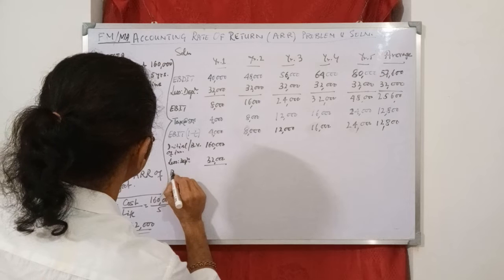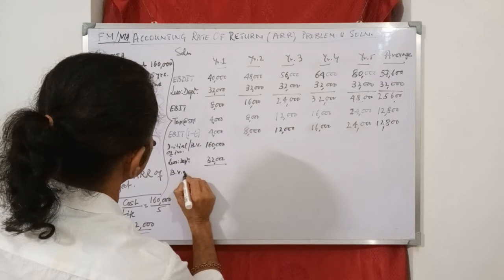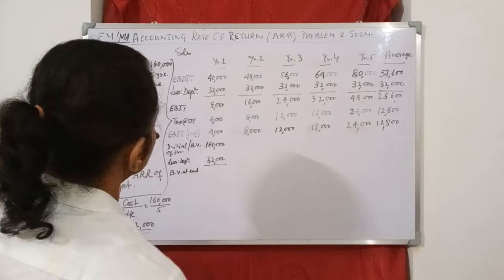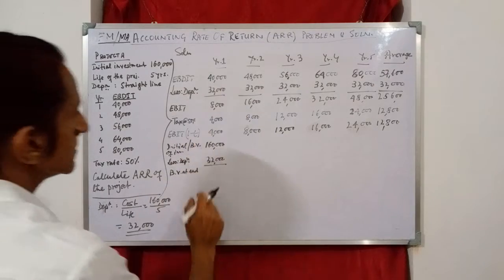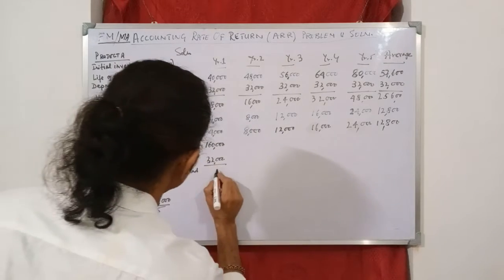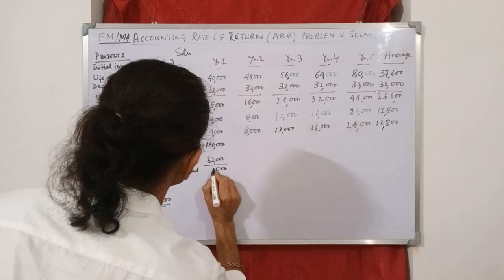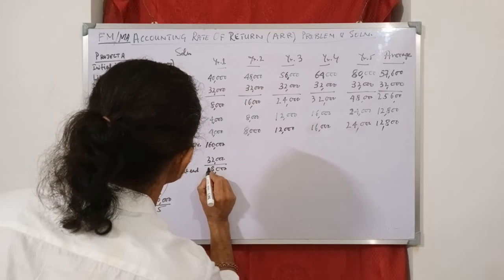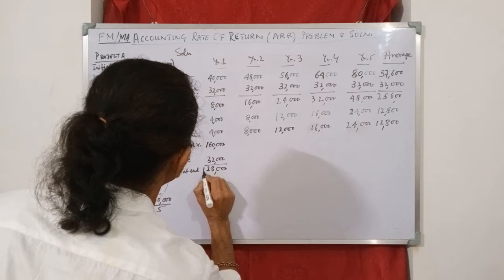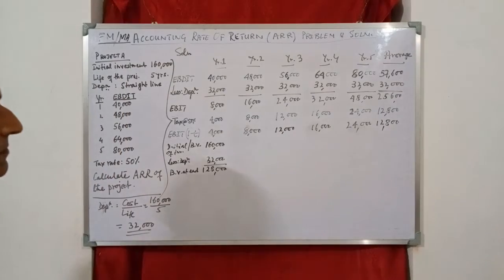So what is book value at the end of first year? 160,000 minus 32,000. So that comes to 128,000.